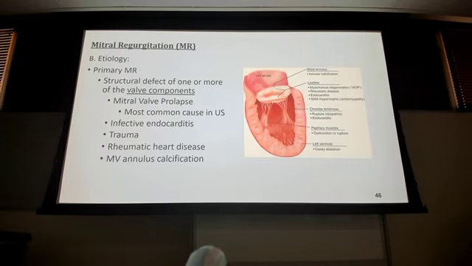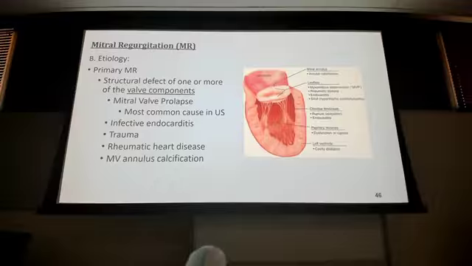And when we talk about any regurgitation valvular disease, we have to talk about primary and secondary causes of this, okay? Primary problems are the valve leaflet or its components, like the chordae, are the problem.